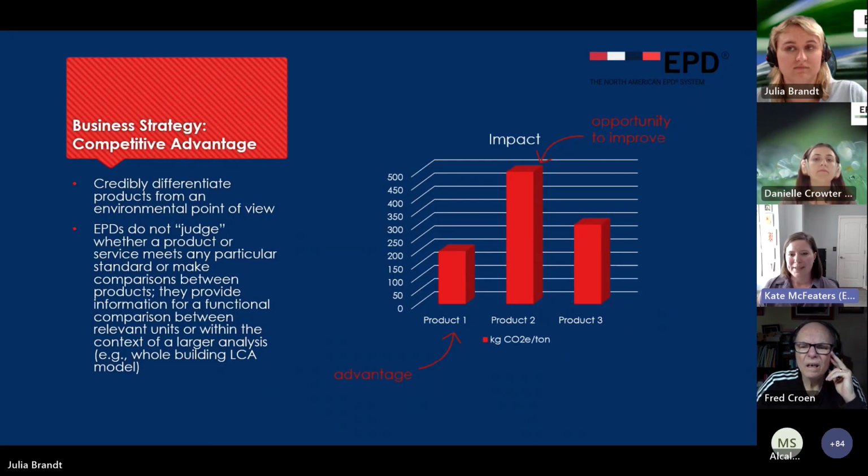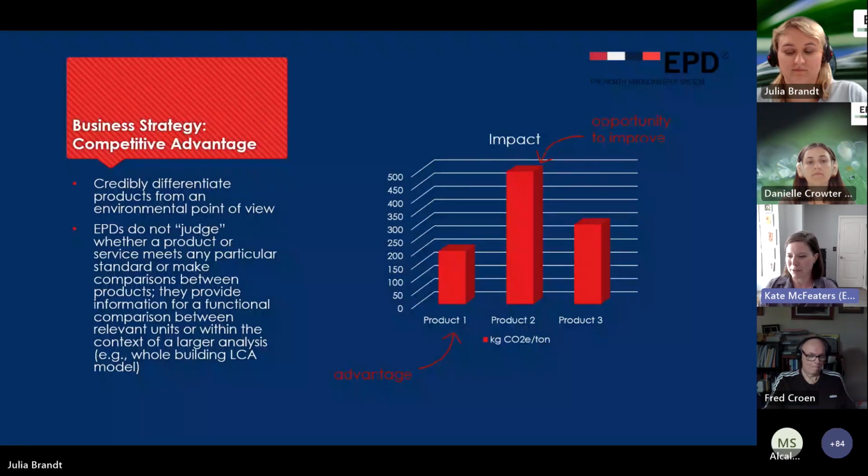So one example of that is that the data from EPDs are used in whole building LCA models that take into account more than just the information in the EPD. It's how does that particular product interact with the entire building to affect the environmental performance of the building.